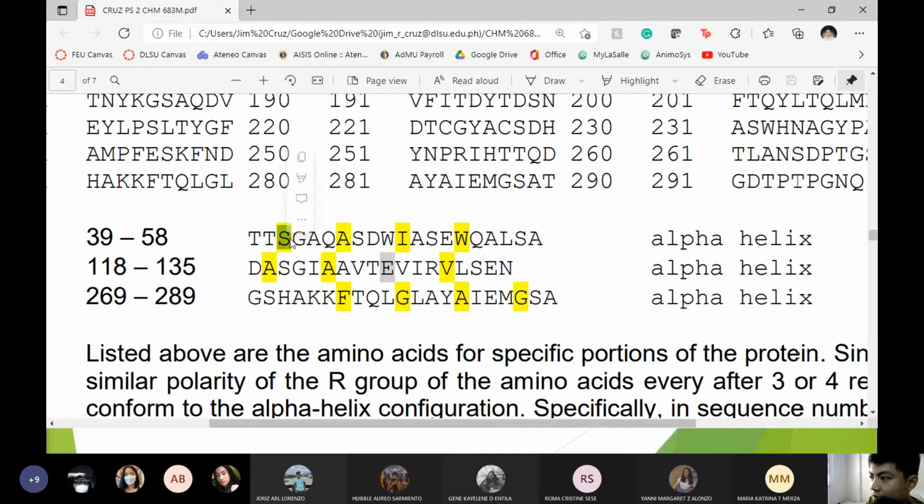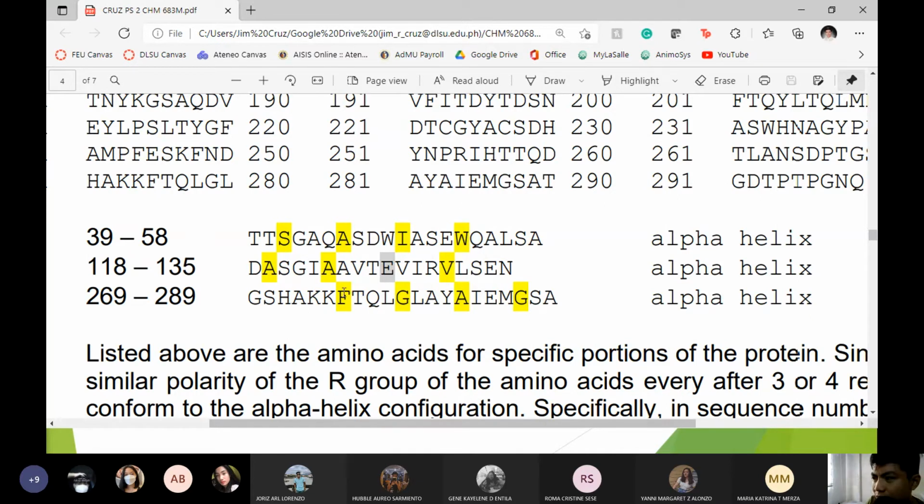For example, this is alanine, except for this one, and then valine. You will notice there is some consistency in our amino acid residues, and that causes it to form the alpha helix. So this is phenylalanine, glycine, alanine, glycine.